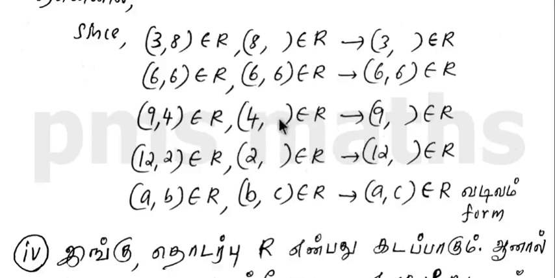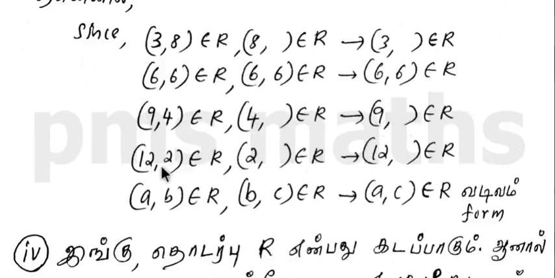Then 4 and 4 are equal, so take the first number and last number, 9 comma, this number is not known. That means this is also a null case, and the condition holds.